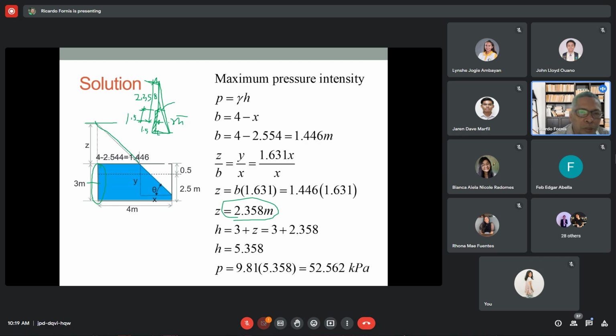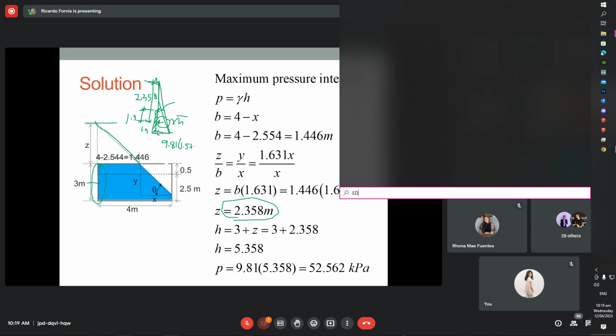So the question: what is the pressure developed at the centroid of the submerged surface? It is 9.81 multiplied by gamma h, where h is 1.5 plus 2.358.